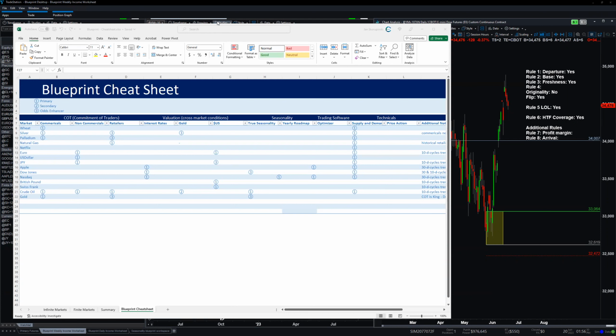Within the equity indices, you're going to have the Dow Jones, the Nasdaq, as well as the S&P. You may have other equity indices that fall within that group, like the Nikkei, the German DAX, or the US Russell. But we're going to focus around the three most important ones, which is Dow Jones, Nasdaq, and S&P.